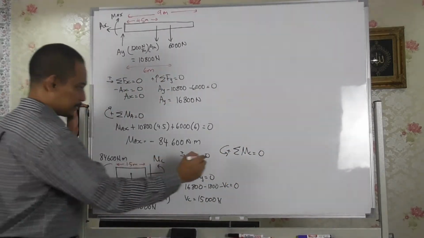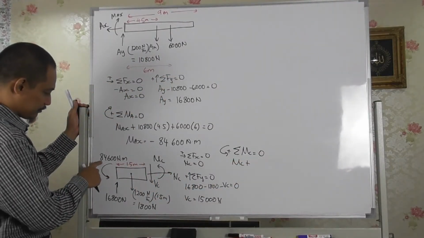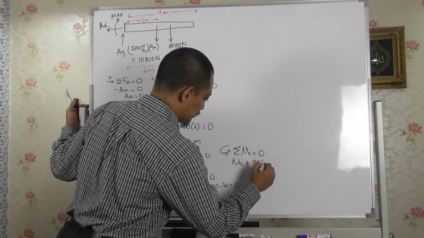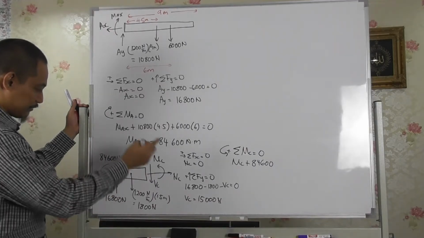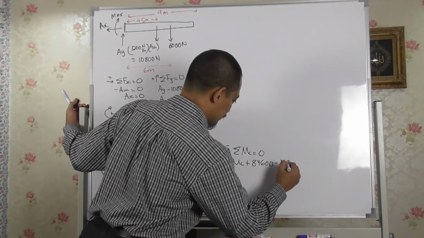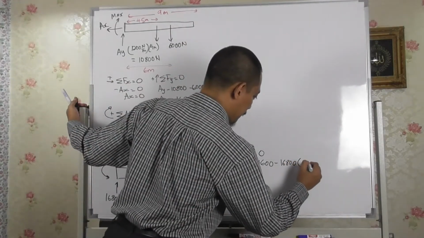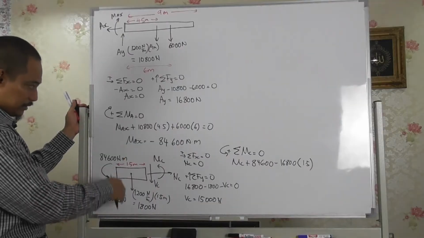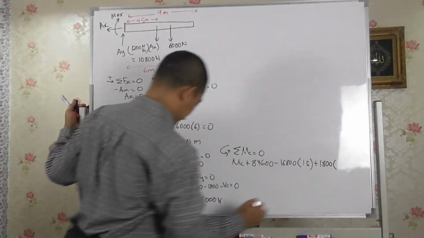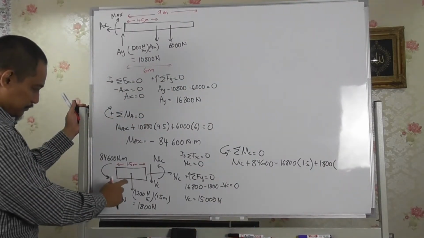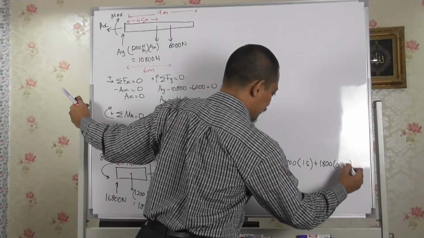You'll have MC plus 84,600, minus 16,800 times the distance of 1.5, and plus 1,800 times the distance of half of 1.5, which is 0.75, equal to 0.